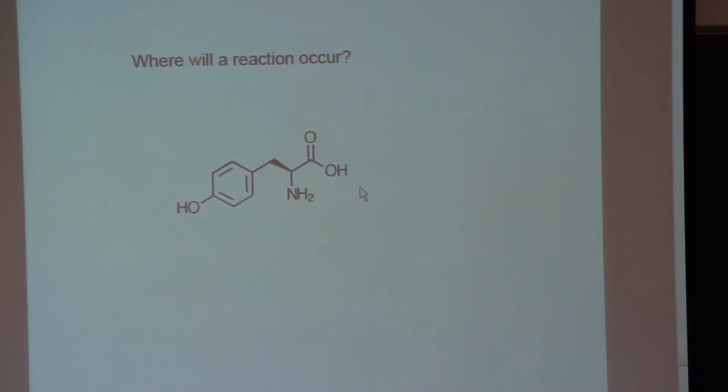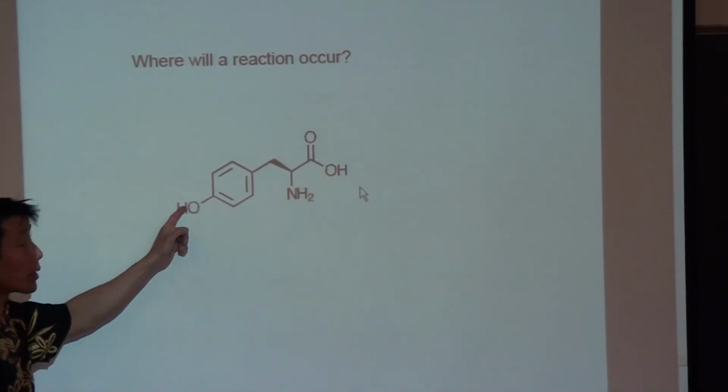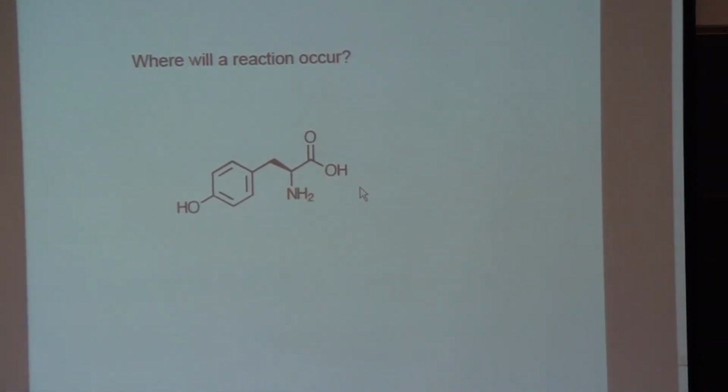Lower pKa. Yeah, so note that this is a stronger acid than that one. What about the resonance stabilization of the conjugate base? If that phenol group is deprotonated, would it form a more stable base? Yeah, it will, but even in spite of that, the carboxylic acid group is still a stronger acid. Okay, so just pKa would count that.